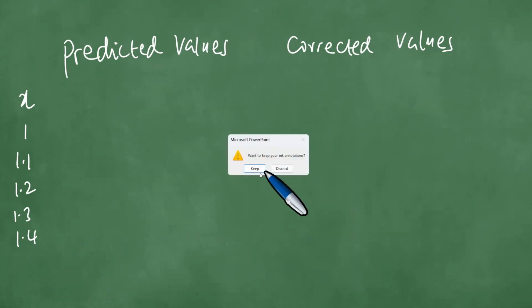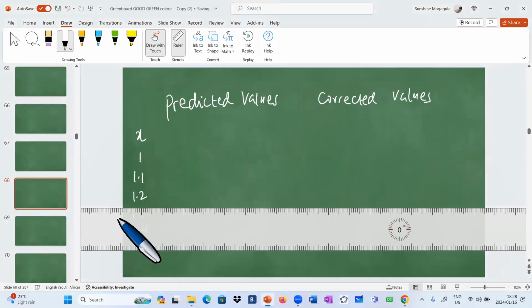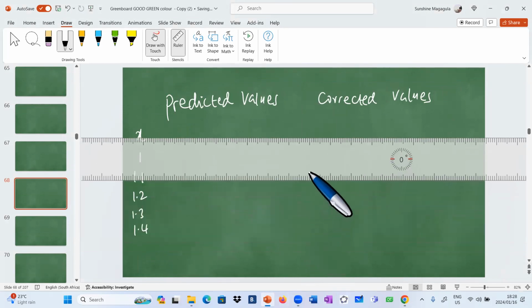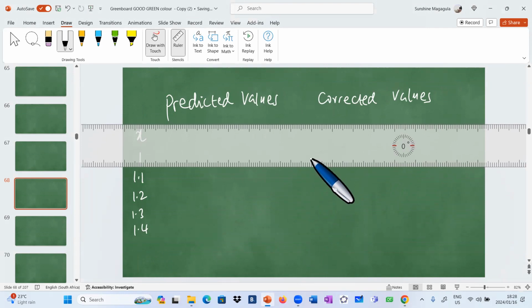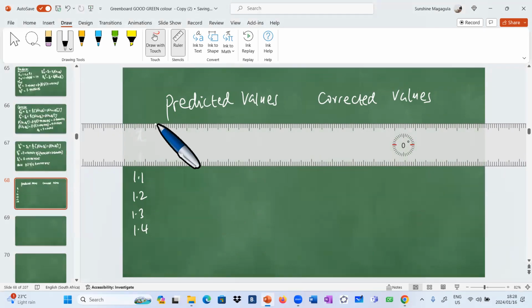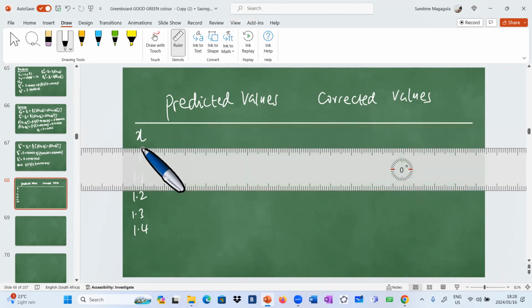Let me just have the ruler, please, otherwise the table is just going to be so untidy. Then you can draw another line here, and another line here.